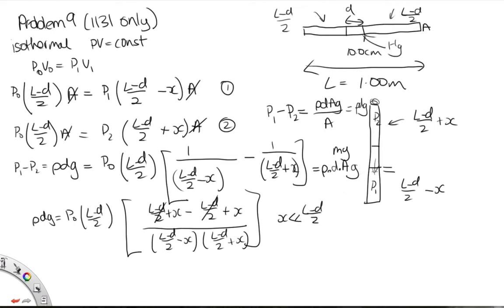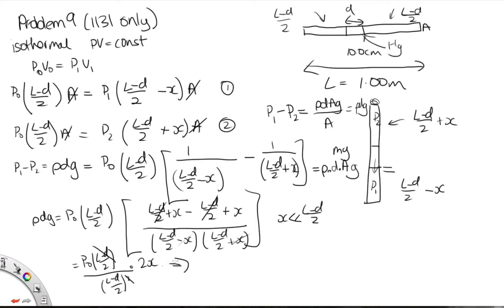X is by how much it moves, and it's only going to move by a small fraction of this length. So this is small compared to that, and we can just ignore these. So we've got P0 (L - D)/2. On the bottom, we've got (L - D)/2 times (L - D)/2, so that's ((L - D)/2) squared, and on the top, we've got 2X. Okay, so that will cancel.